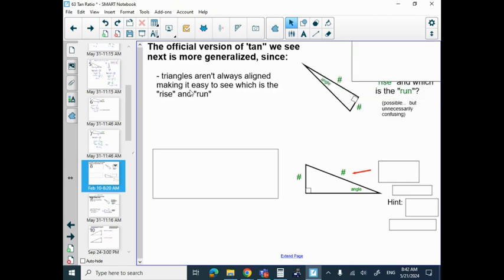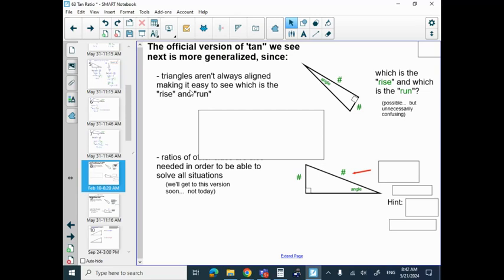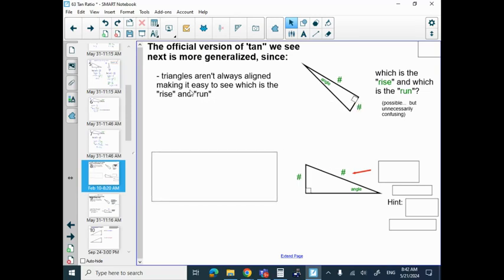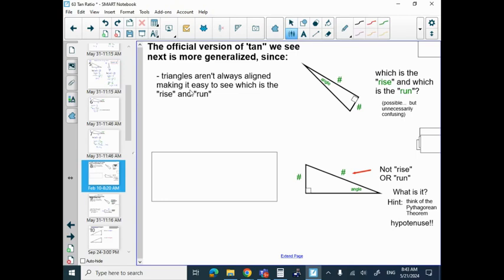Okay, so instead of thinking of those as rise and run, we're going to look at the sides as other values that they really are, right? So for example, in this one here, this one's not rise or run. It's really the hypotenuse, right? If you think of the Pythagorean theorem, that's the hypotenuse. And so up here, we'll also look at this angle, relative to the angle, right?